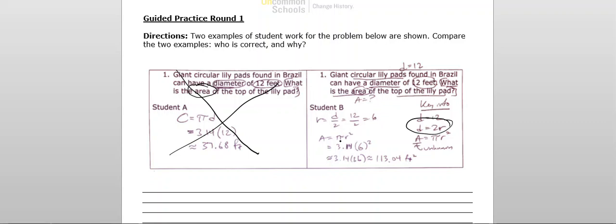Area is equal to pi times the radius squared. So the student wrote out 3.14 times 6 squared. Using my order of operations, 6 squared is 36. 3.14 times 36 is approximately equal to 113.04 feet squared. The student did include units.